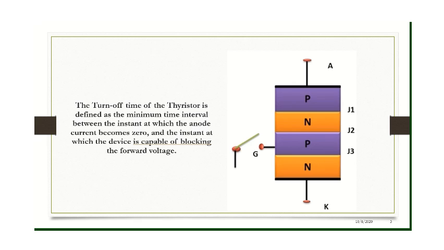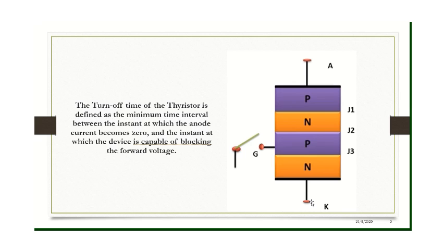We have to apply reverse voltage, because as I said, because of the trapped charge carriers at the 3 junctions, to make these charges recombine, you have to eliminate all these trapped charges, right? So to eliminate them, you have to apply a reverse voltage across anode and cathode. So that's the procedure to turn off the device.